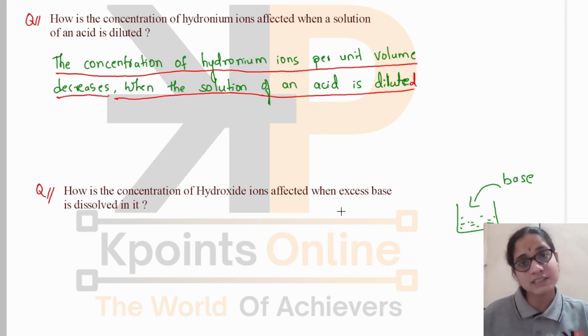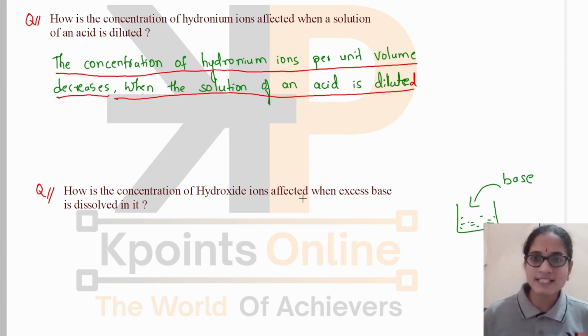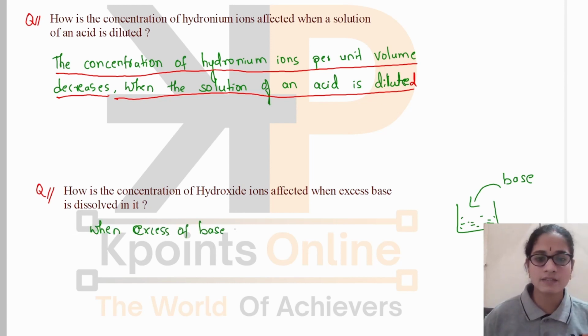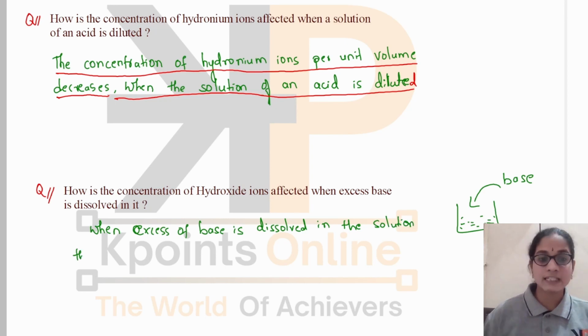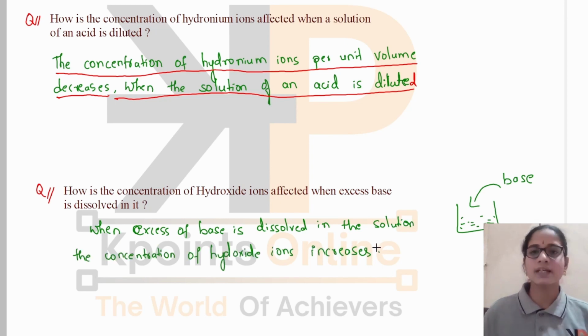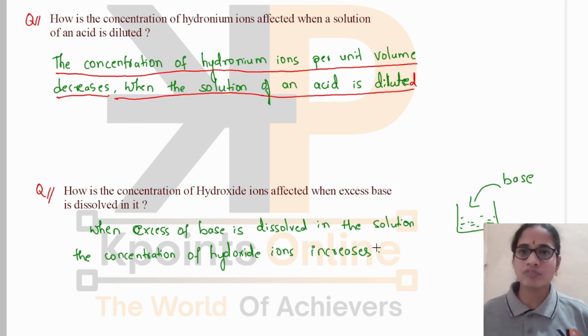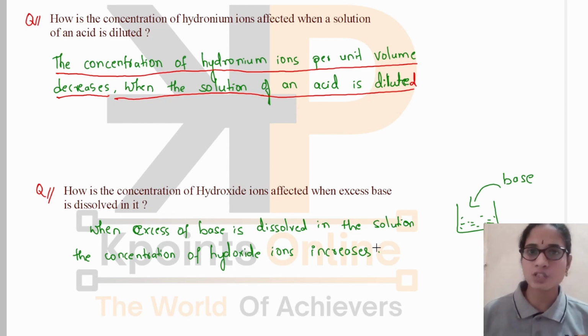This results in the increase in the concentration of hydroxide ions. So when excess base is dissolved in the solution, the concentration of hydroxide ions increases. Have you understood the concept of dilution? You should remember this concept. This is very important actually.